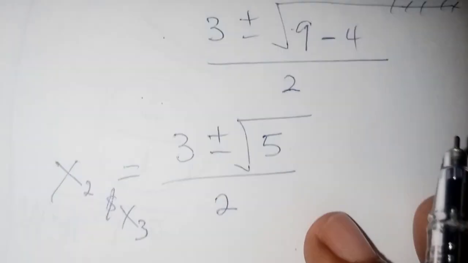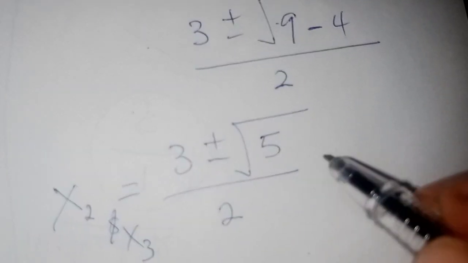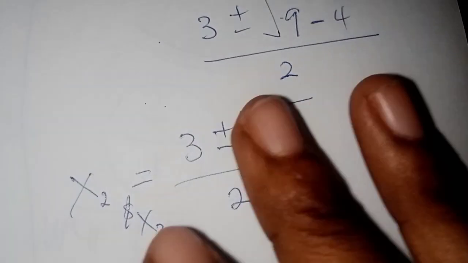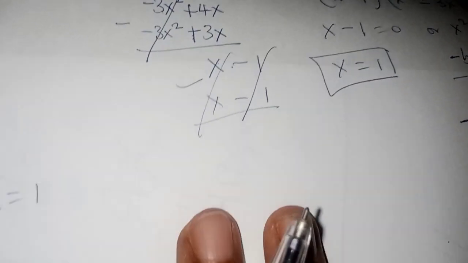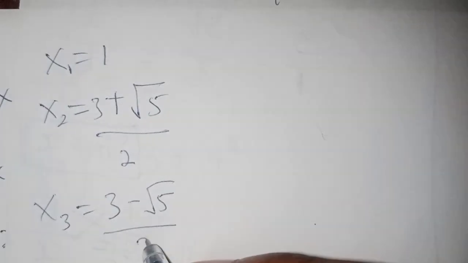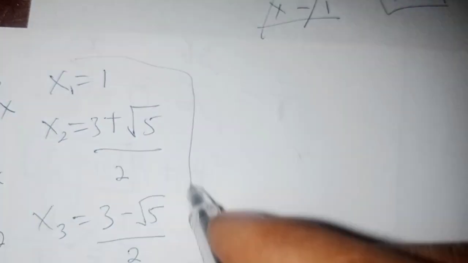So if we substitute, we have x equals 1, we have x equals 3 plus root 5 all over 2, we have x equals 3 minus root 5 all over 2. So these are the values for x that we have.